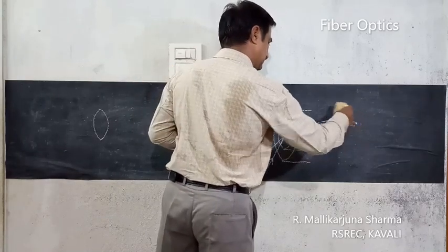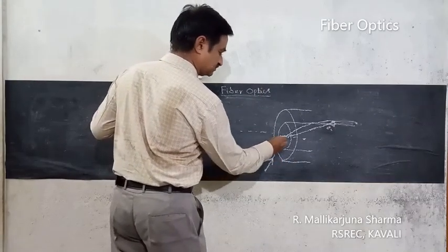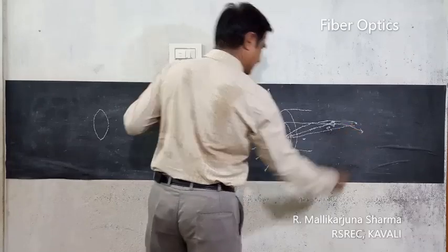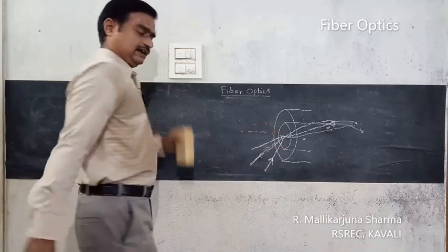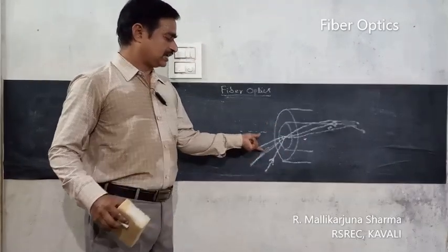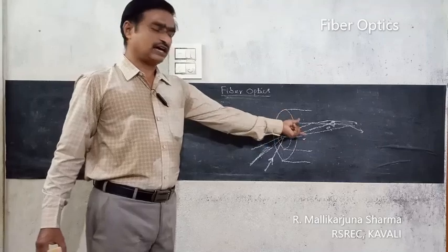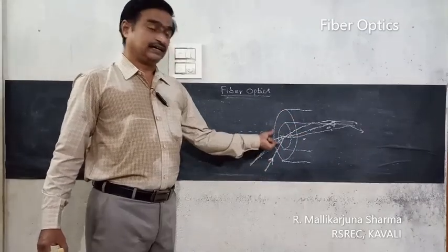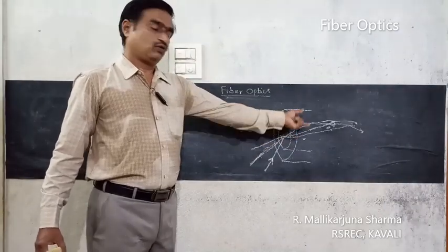If we still increase this, the angle is more than the critical angle and it comes back. If we take this as the critical position, all the light rays within this are going to pass through the core medium. The light rays which fall outside of this are not going to go through the core medium.